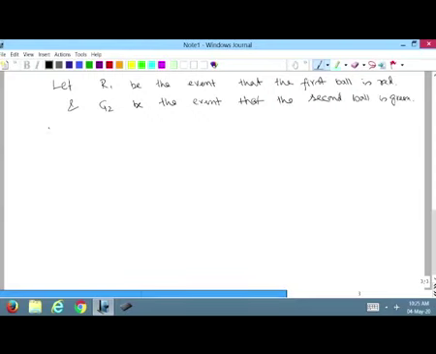Therefore, we are looking at probability of G2 given R1.